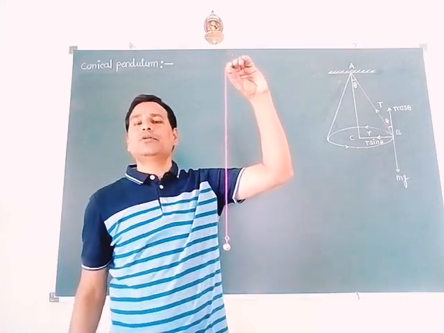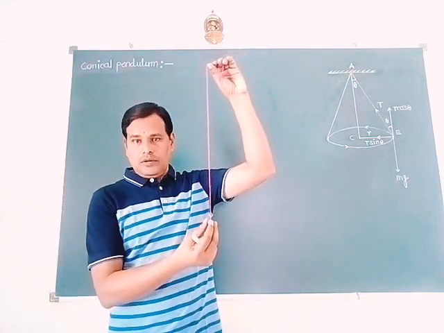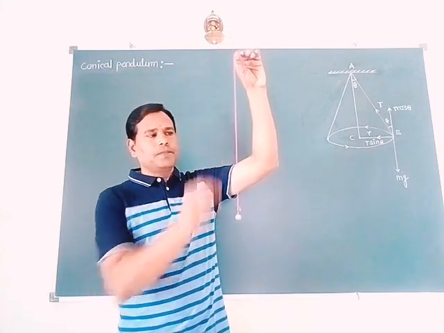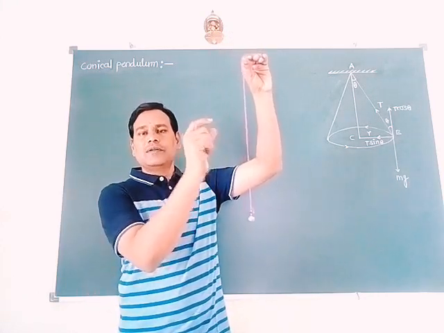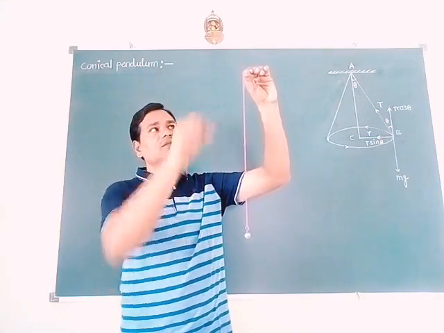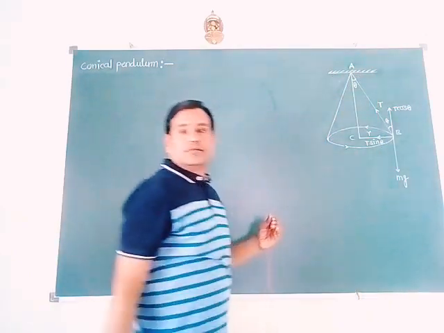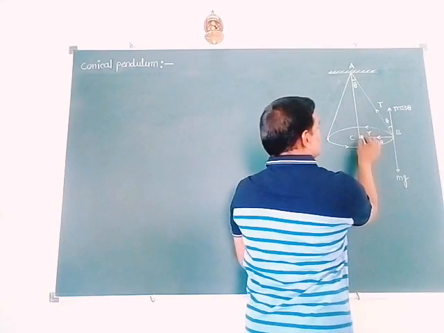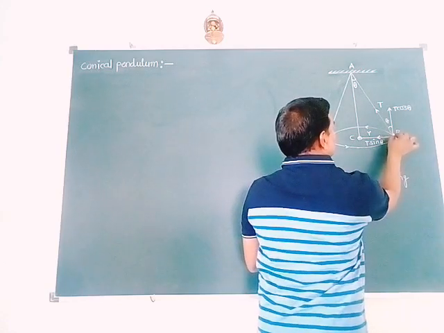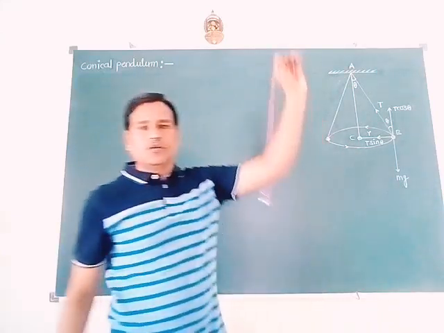The point mass is called the bob, a metal bob, which is suspended by a massless, flexible, inextensible string from the rigid support. See here, this is the rigid support, this is the string, and this is a metallic bob. So first it is a simple pendulum.